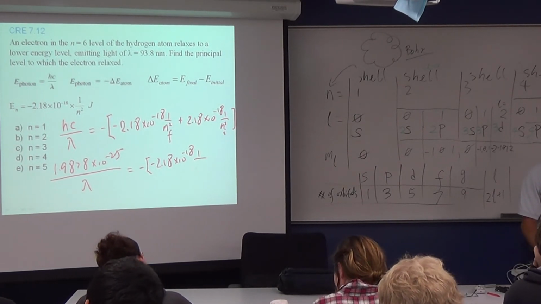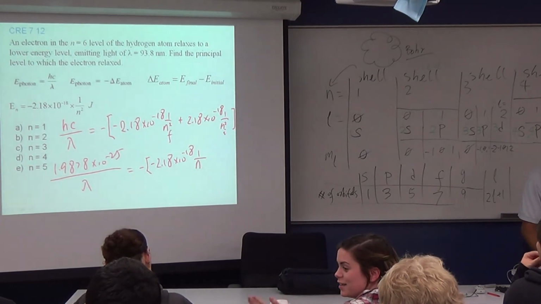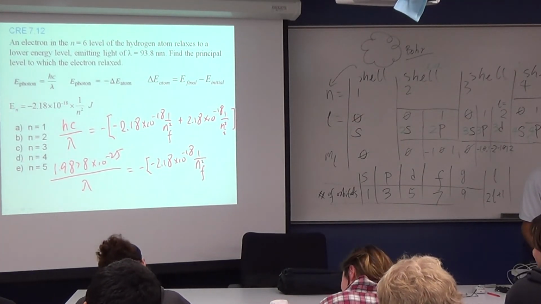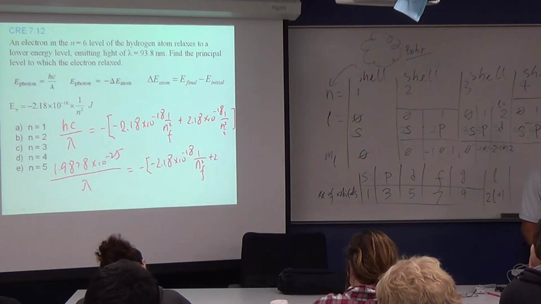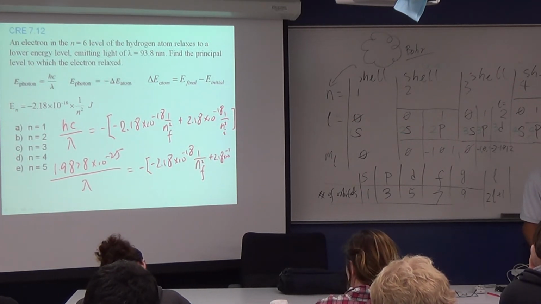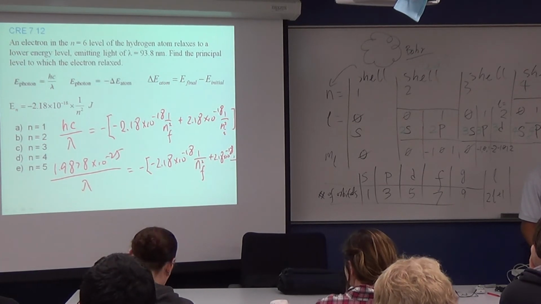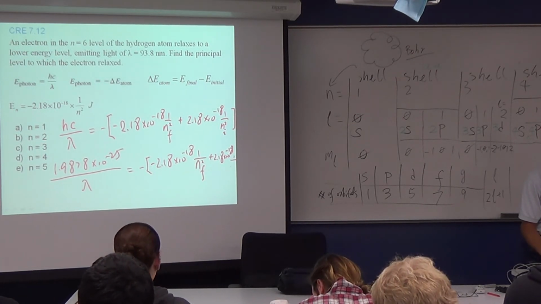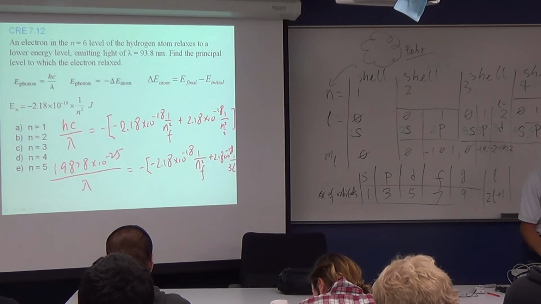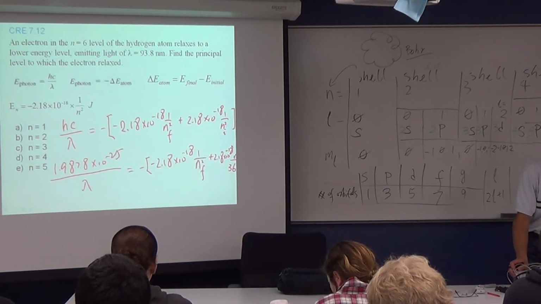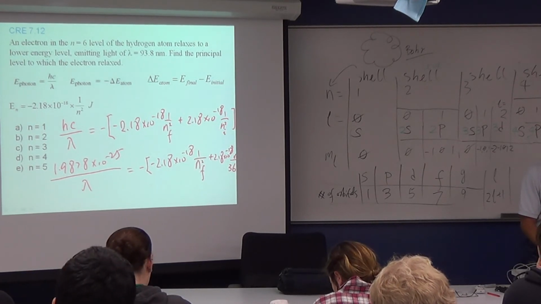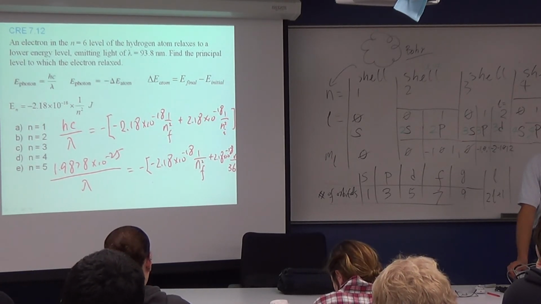Do we know NF? We'll keep this as X. And then this will be 2.18 times 10 to the negative 18. What is our initial? So you can see that will be 36. Is it A? The answer is 1, A.